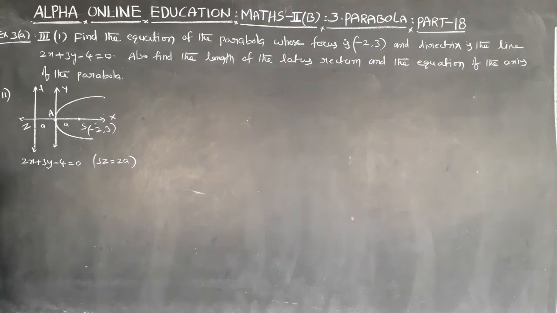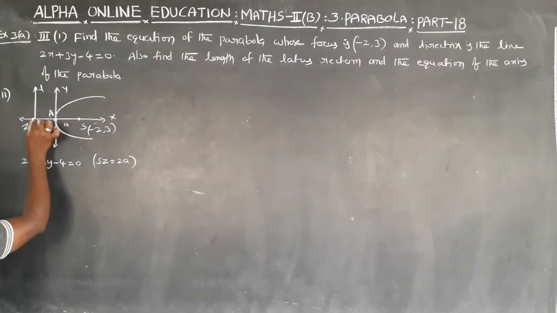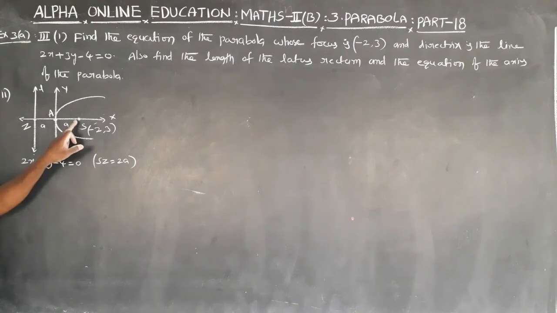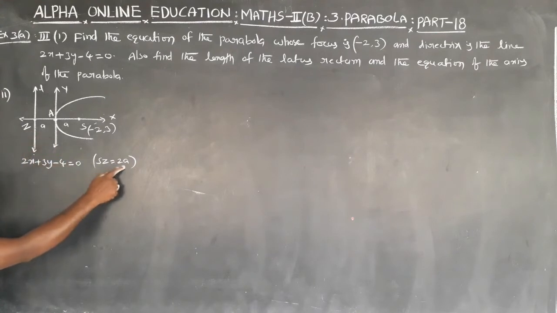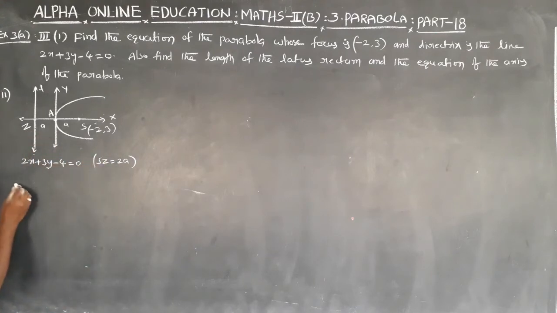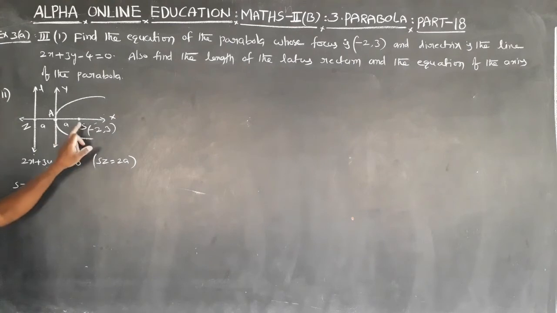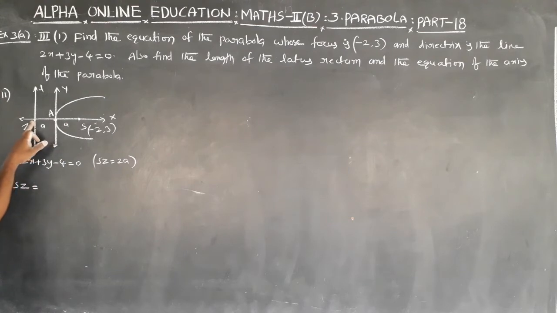Here find the perpendicular distance from focus to directrix. SZ is equal to 2a, which means the perpendicular distance from focus to directrix.